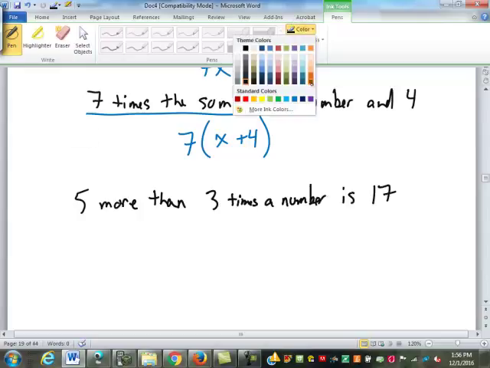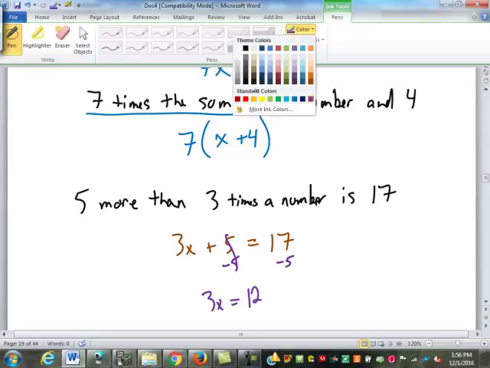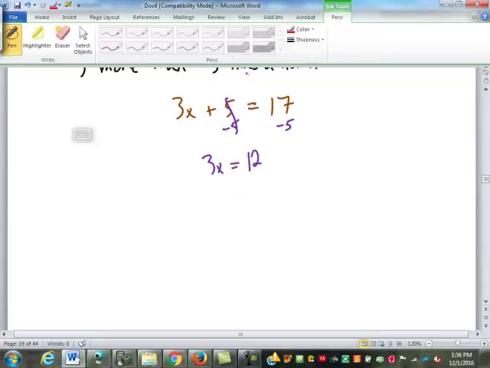What's that saying to us? 5 plus 3x or 3x plus 5, either way, right? Equals 17. Very good. Of course, we can solve that for x now. What can we do? Subtract 5. 3x equals 12, and then divide by 3. X equals 4.